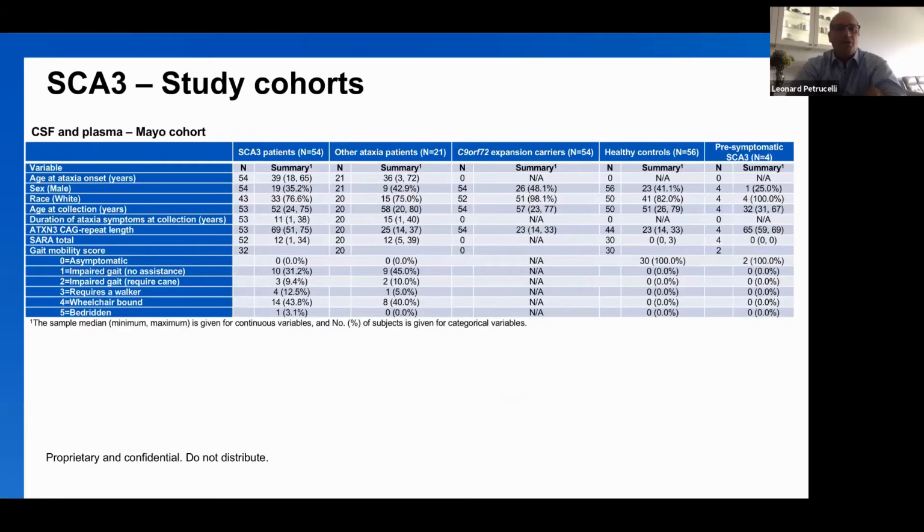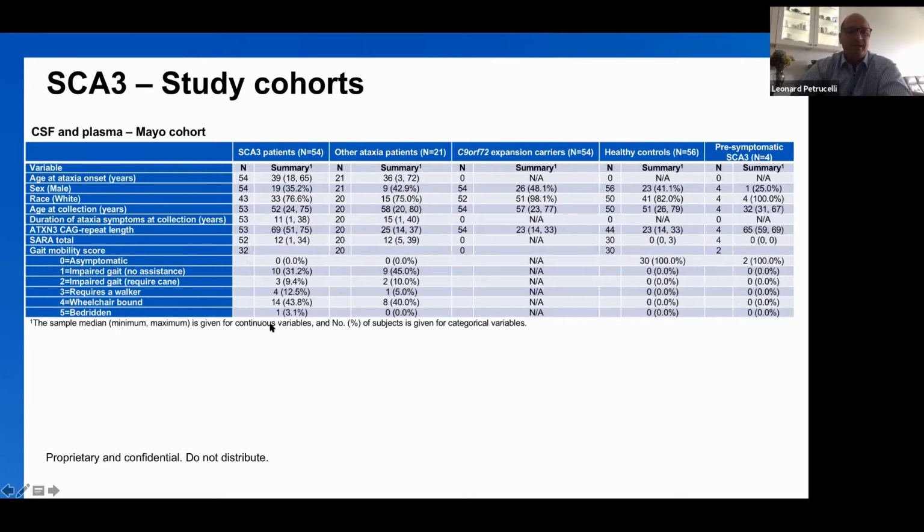The first cohort is defined as the Mayo cohort. During a period of 2 to 3 years, we were fortunate enough to recruit a total of 54 patients, as well as other ataxia patients. Our ongoing C9 ALS collection served as a disease control for these studies, as well as healthy controls and a few pre-symptomatic individuals.